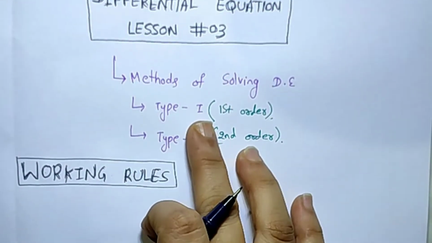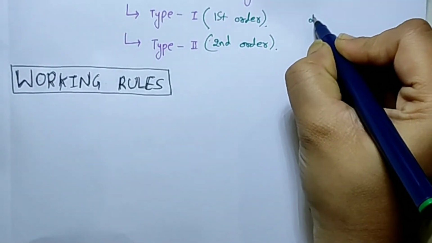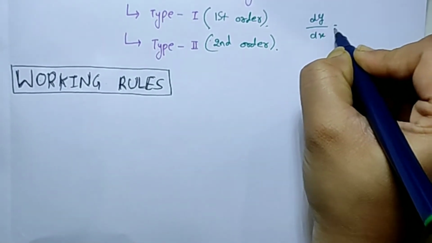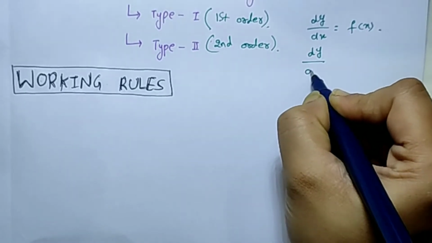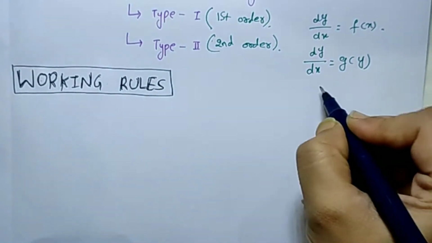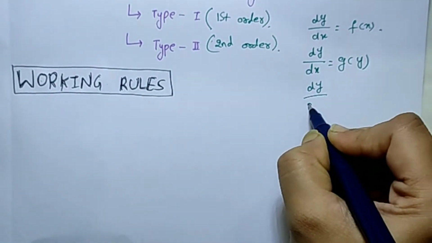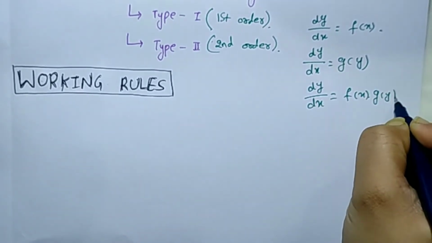In type 1, suppose we have the form of differential equation dy by dx is equal to f of x, or dy by dx is equal to g of y, or dy by dx is equal to f of x into g of y.